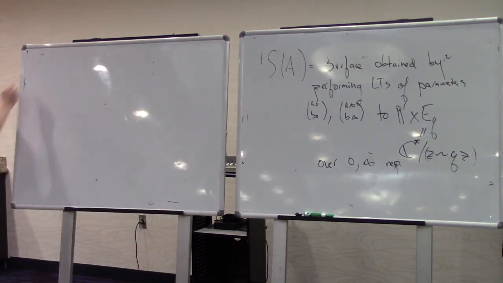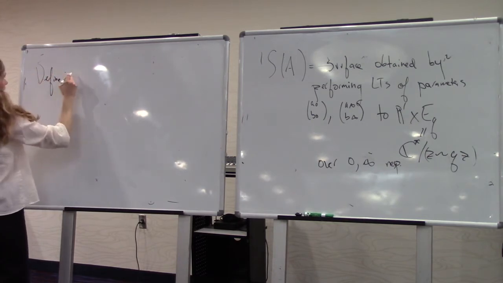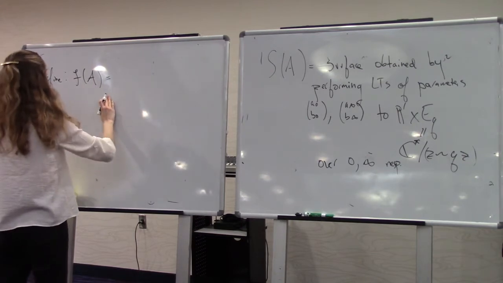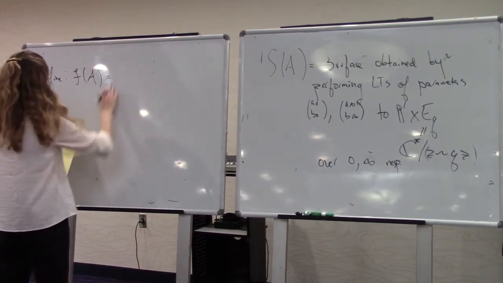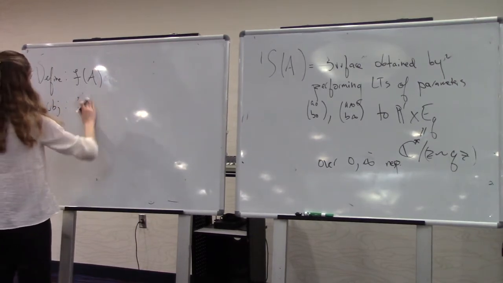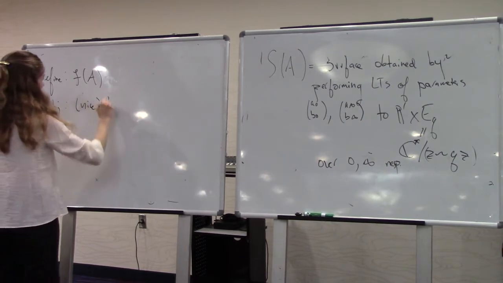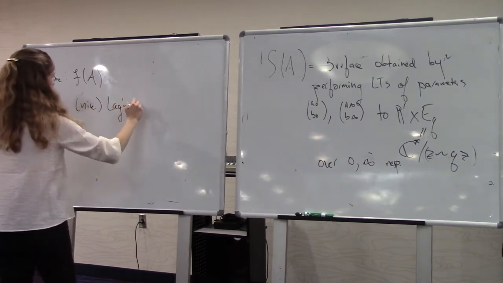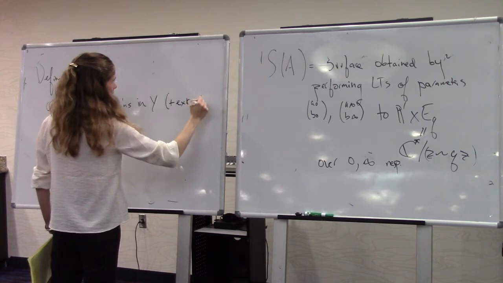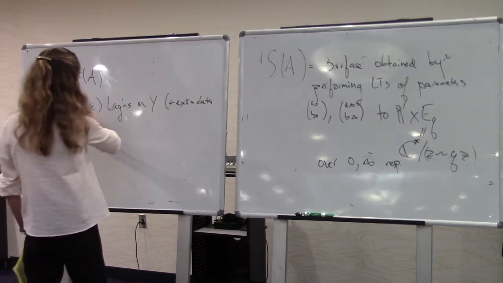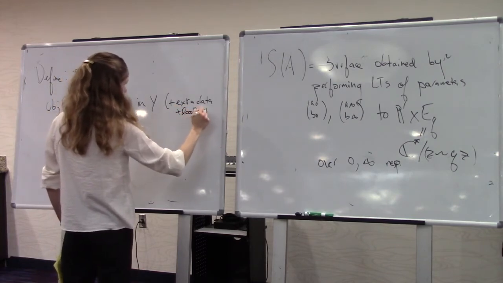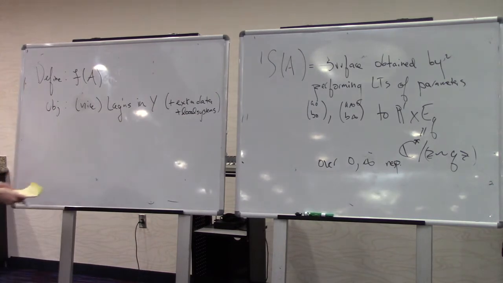So define F of A to be the following: the objects are going to be nice Lagrangians in Y, plus extra data, things to make your Floer theory well defined. That's what nice means. Plus local systems. But I won't get into details today.